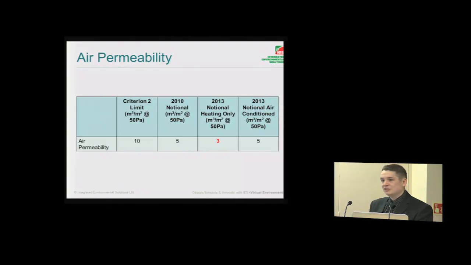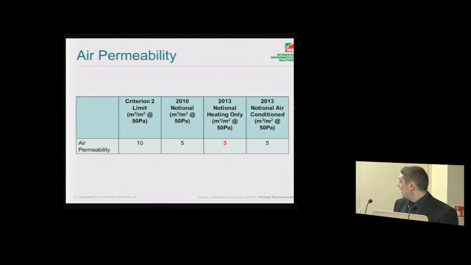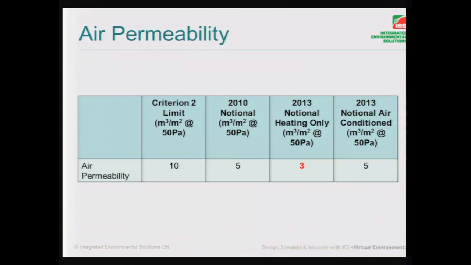And if, come the end of the design, designers find they haven't been able to attain that level, they could be on the back foot trying to find out where further energy savings can be made. So I think that target is incredibly difficult for designers to design to, and again, it's compounding the issues we saw with the fabric, where if you've got a heated-only building, you've got a much harder target to try and hit.